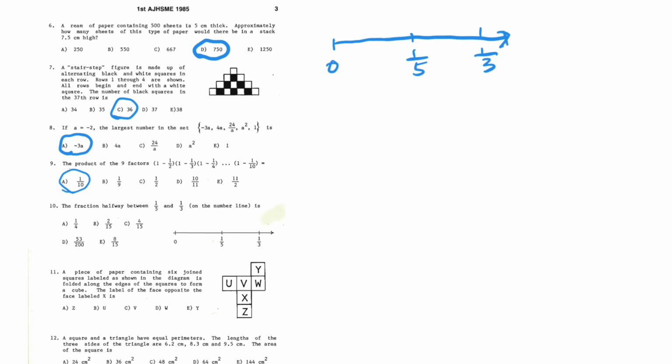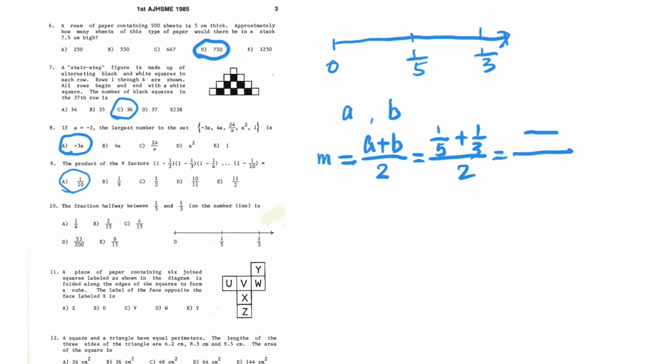If the number is A on the number line and B, the midpoint, that's halfway between A and B, is equal to A plus B divided by 2. In this problem, it is 1/5 plus 1/3 divided by 2.